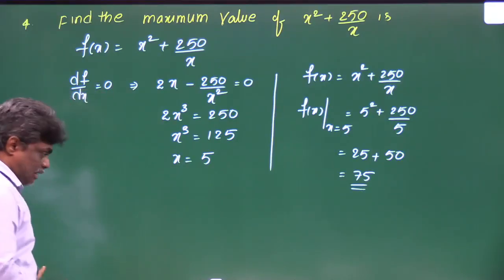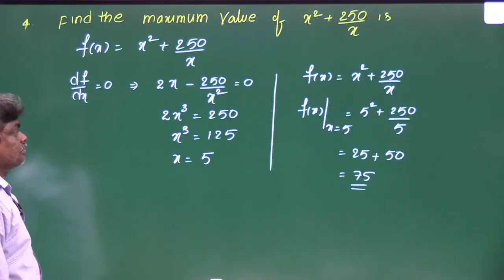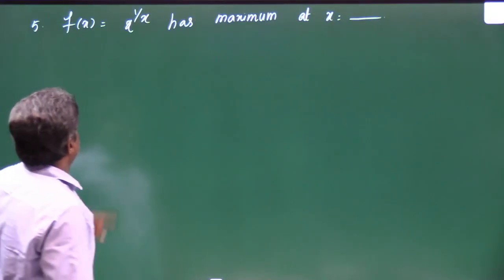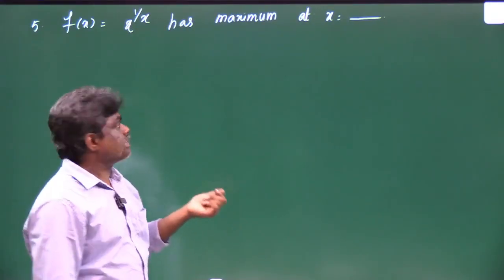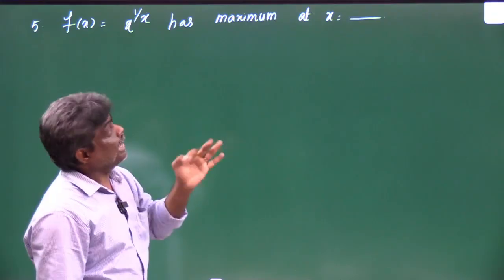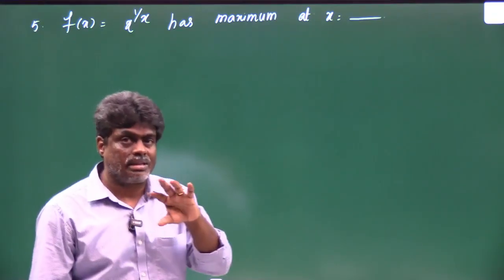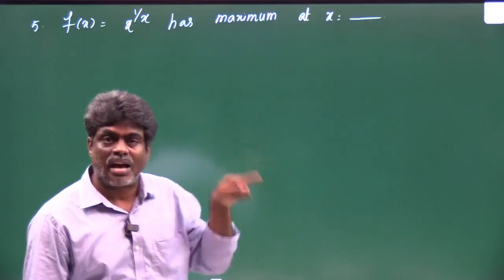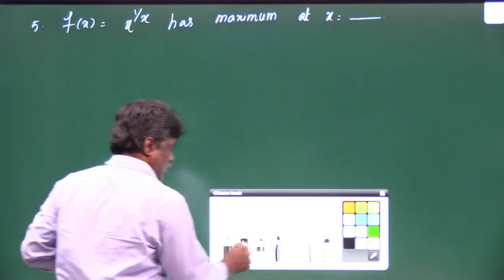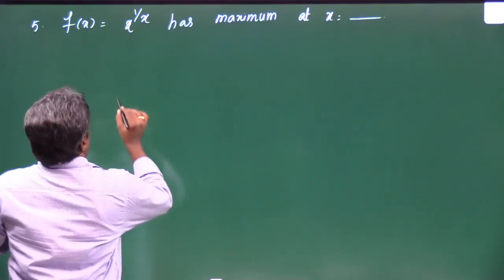And let us go to the next one. Here f of x equal to x power 1 by x has a maximum at x equal to. He is not asking the maximum value; he is asking at what value of x the function is having maximum. So no problem.